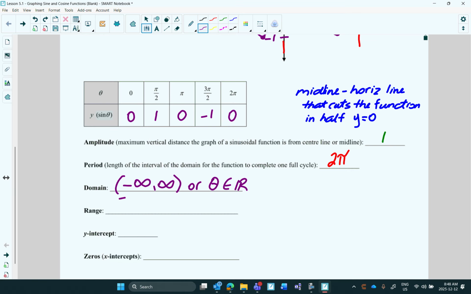Right. -1 to +1. Okay? Or if you use the other notation, it would look like this. What's the y-intercept? Where does it cross the y-axis? 0.